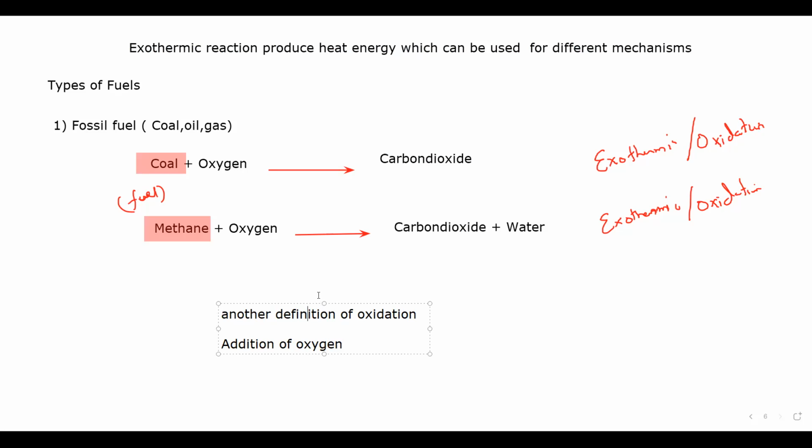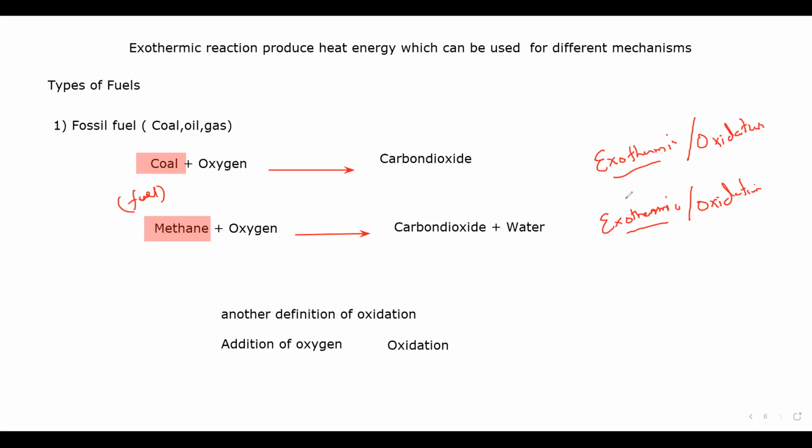So when oxygen is added to something, we call that reaction oxidation. In terms of energy, this reaction is exothermic because it is releasing energy, and in terms of the involvement of oxygen, it is also known as oxidation.